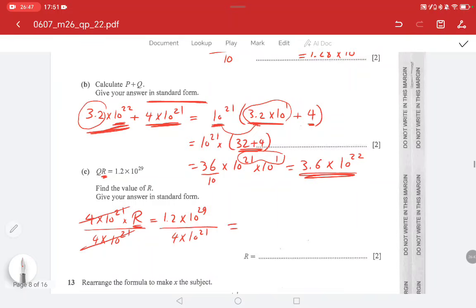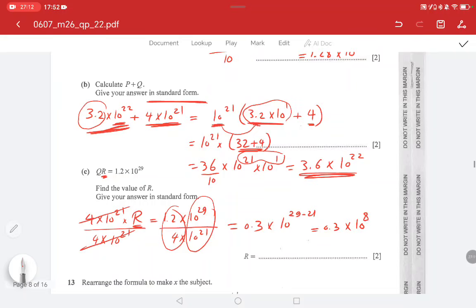Now, what to do? 1.2 divided by 4 will be 0.3. In case of division, we subtract the powers. So 10 to the power of 29 minus 21. So it should be 0.3 times 10 to the power of 8.